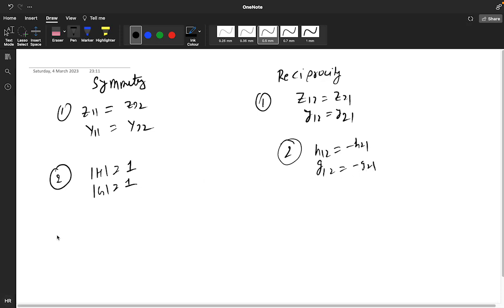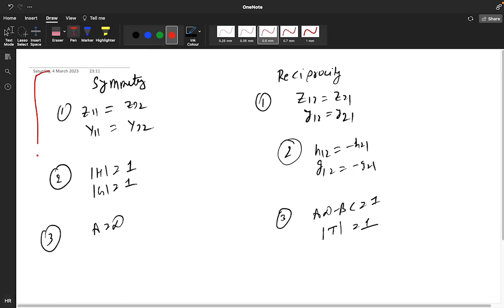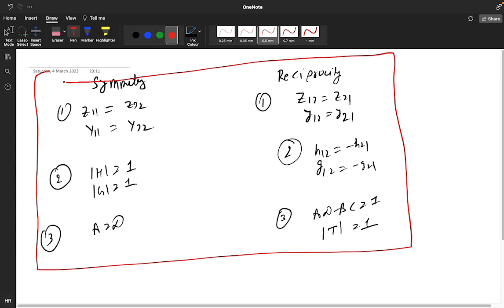Third one, for reciprocity, A is equal to D, and for symmetricity, AD minus BC is equal to 1. That is the determinant of the T network, equal to 1. So this is a very important conclusion.